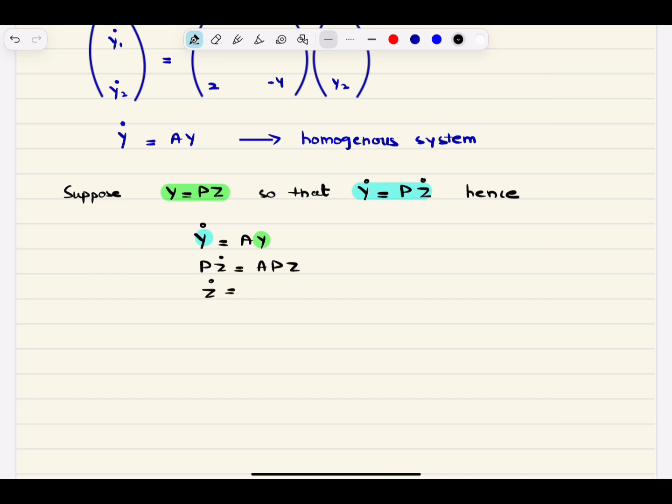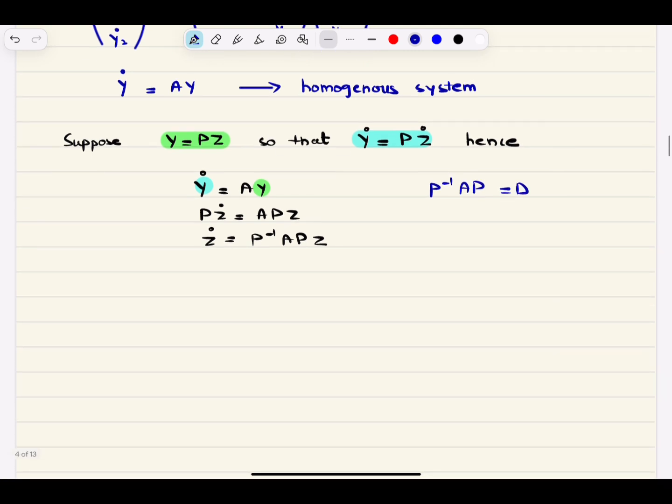Z dot will be P inverse A P z, and since A is a diagonalizable matrix, P inverse A P is equal to the diagonal matrix D. So therefore we have z dot is equal to Dz.